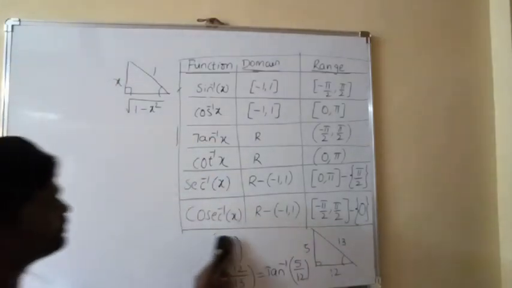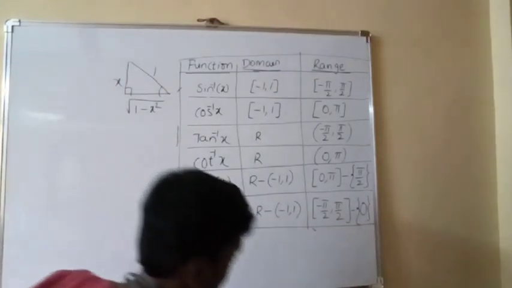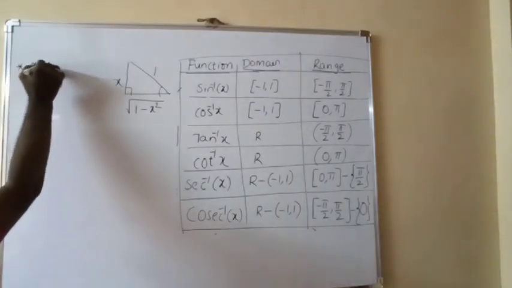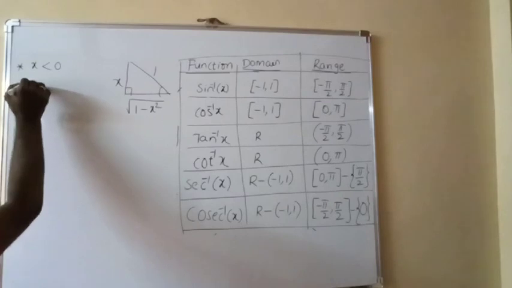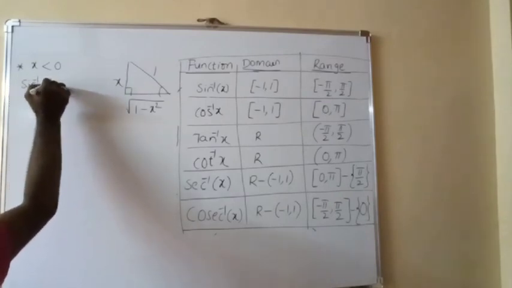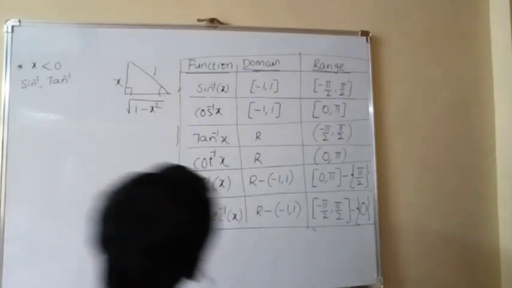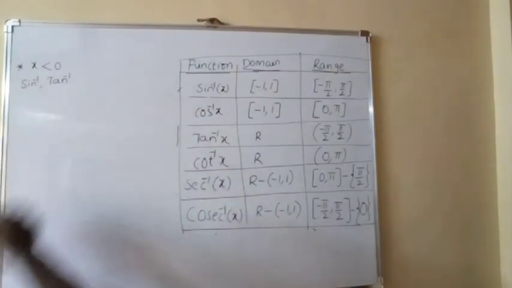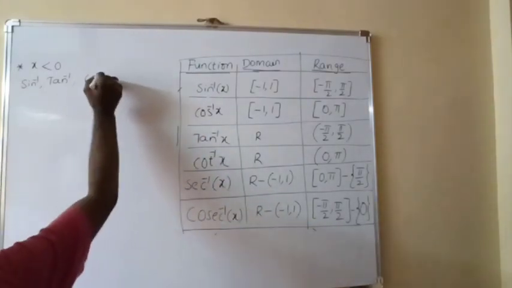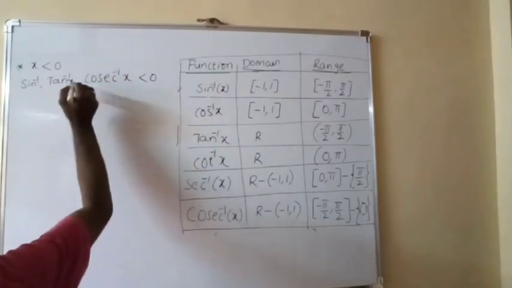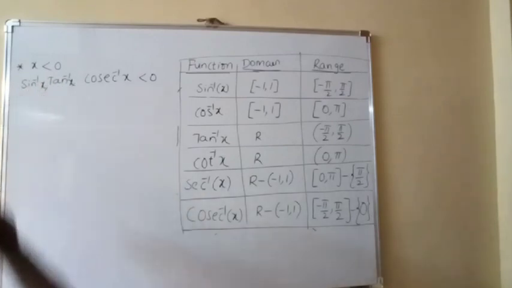Next, if x is negative, sine inverse, tan inverse, and cosecant inverse, these 3 functions are negative. That means these 3 angles are negative angles.